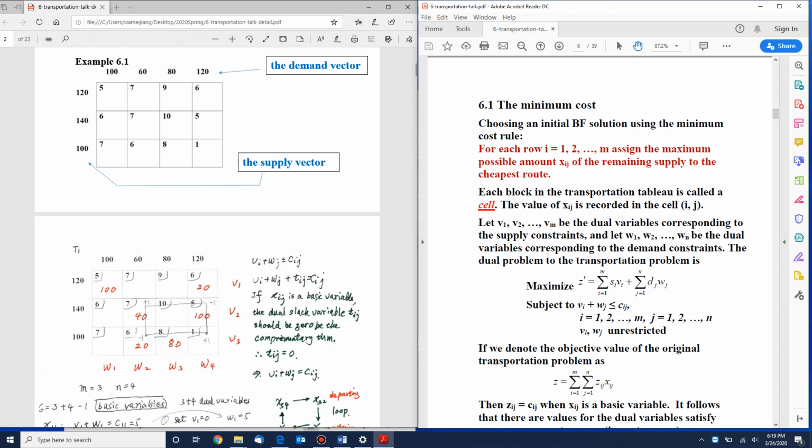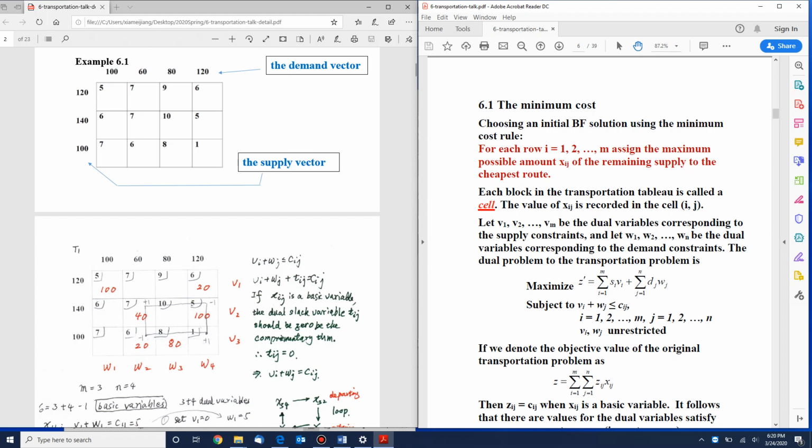And you could see from the top under the table, from the source second row, we are done, because source 2 has 140 units, and 40 go to market 2 and 100 go to market 4, right?